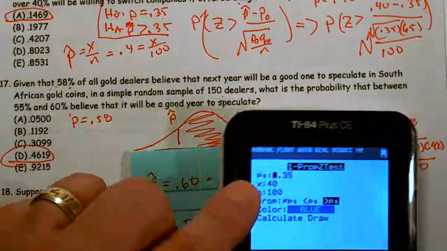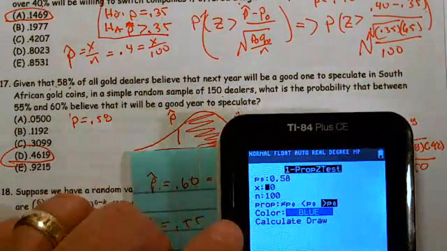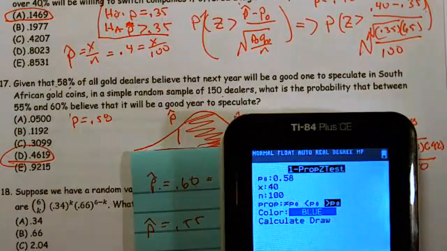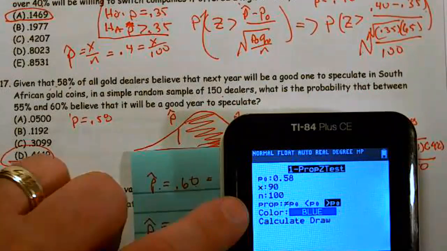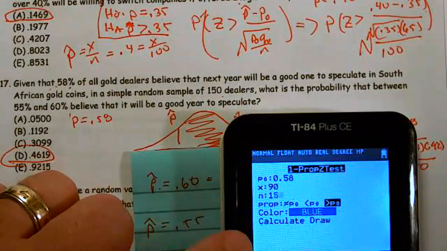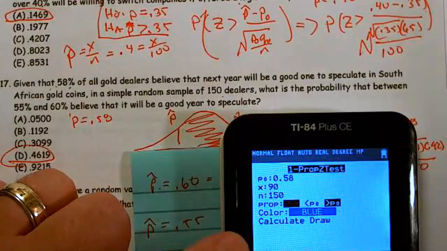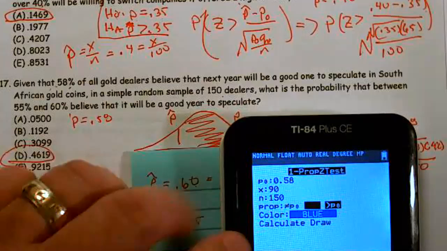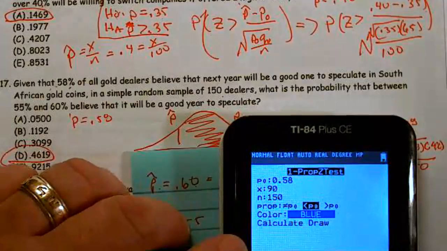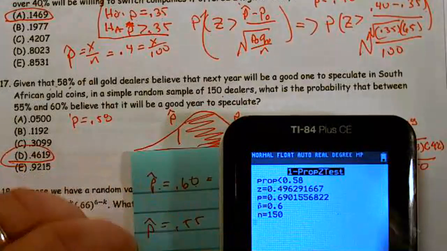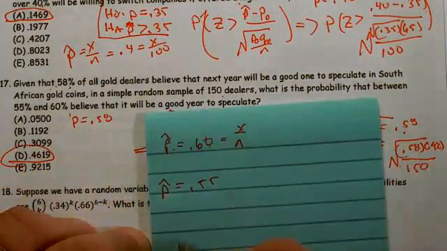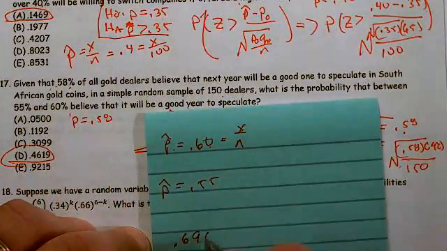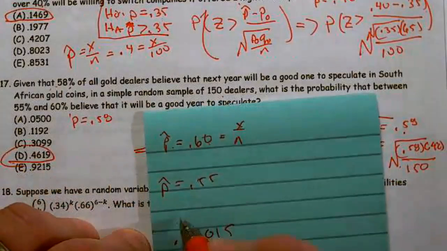My claim was 0.58. My x, if I'm doing the 60% one, is 0.6 times 150. It's a whole number, so we're good to go. My n is 150. And just do a less than. I'll come back and talk about that in a moment. And I get a p-value of 0.69015. That's for the 60%.